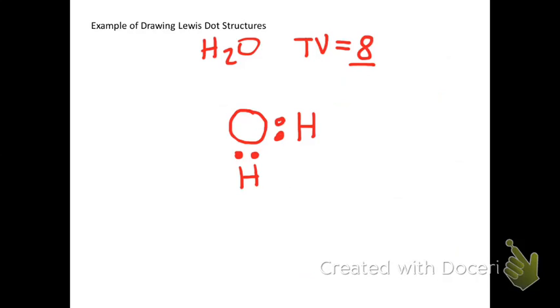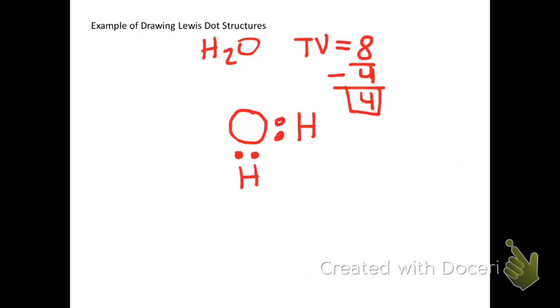All right? So then the next step says we need to count up the total bonding electrons and subtract it from our original 8. And so we used up 4. So 8 minus 4 is 4. So I have 4 remaining valence electrons.